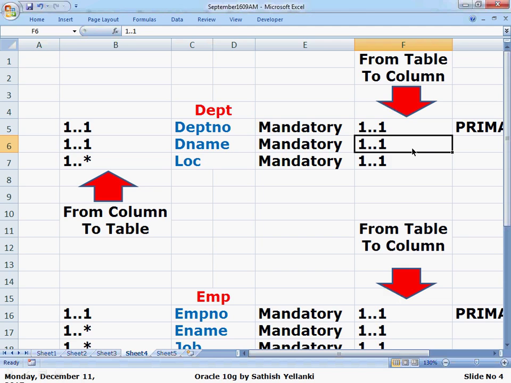I am not denying that. But as a client, I am telling you that currently I am not doing a business where I have one department in multiple locations, because I don't have the budget to handle multiple departments with multiple locations, or one location with multiple departments. So please design the system in such a way that one department is in one location. So what is your responsibility now?